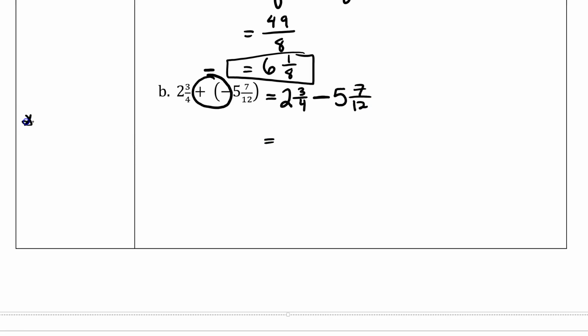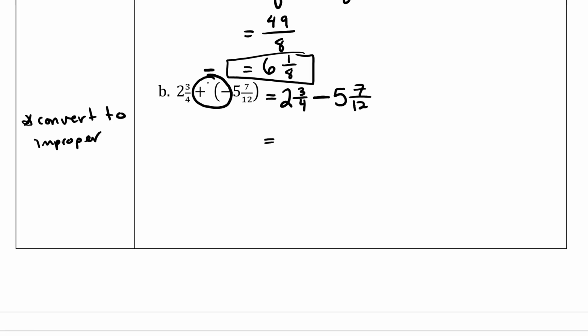First things first, I want to convert to improper. For certain, we want to convert to improper because there is a subtraction. Sometimes you can get away with it with addition, where you add the 2 big numbers and then deal with the fractions later. But with subtraction, it's always best to change to improper first.